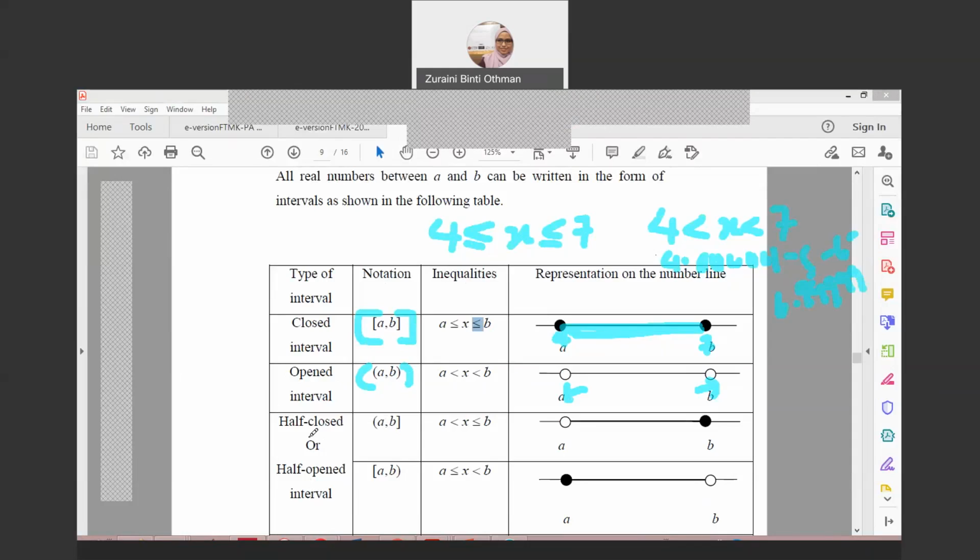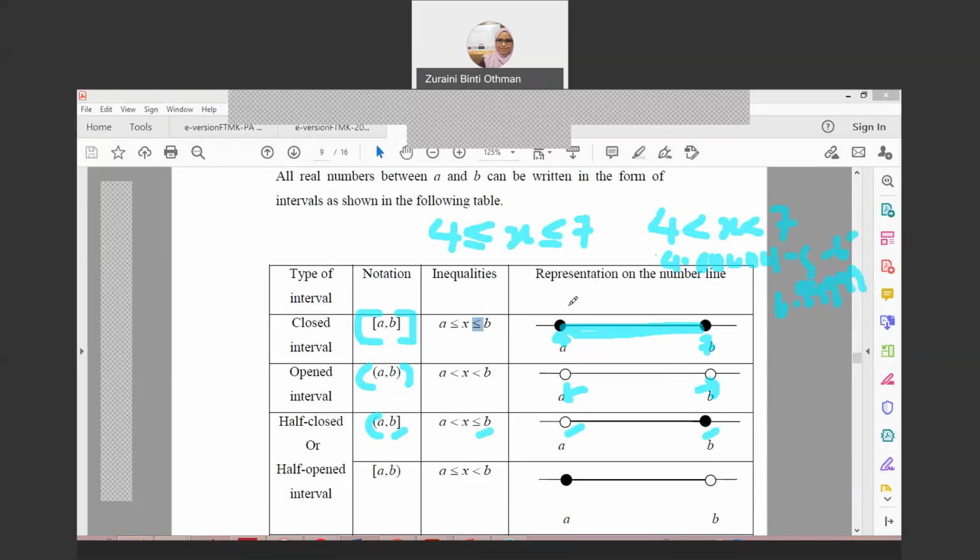Okey, dia boleh jadi juga combination half close or half open interval macam ni. Bila dia kata half open dekat A, maksudnya dekat sini tak termasuk A. Jangan fill in the A. And when it call it as square bracket at B, maksudnya dia less than or equal to B. Jadi fill in the B here, right?